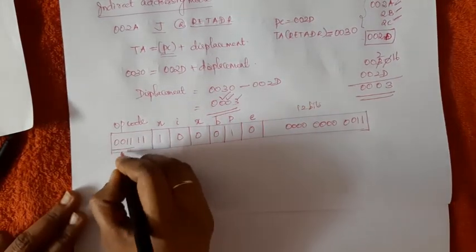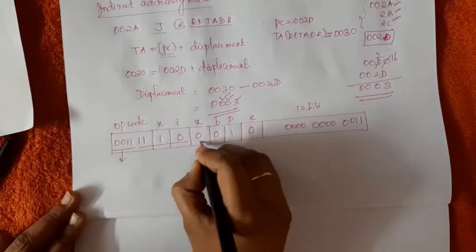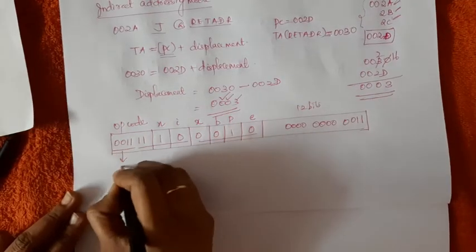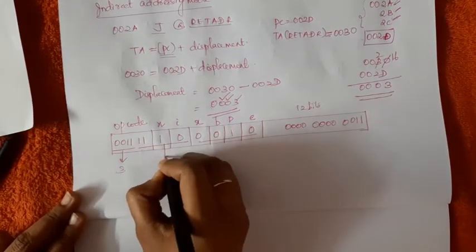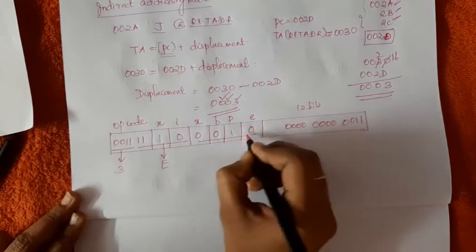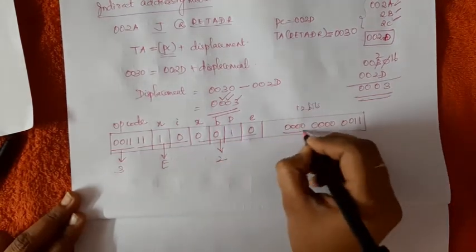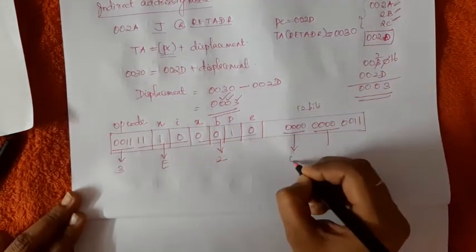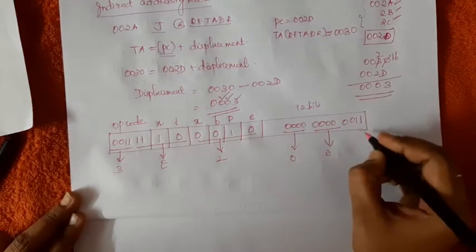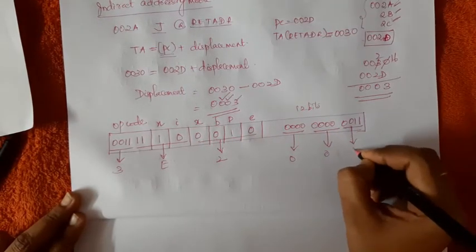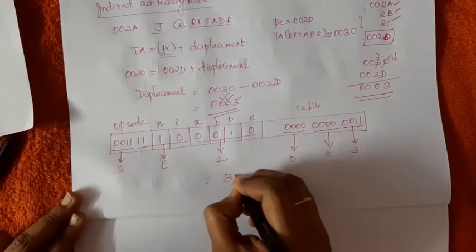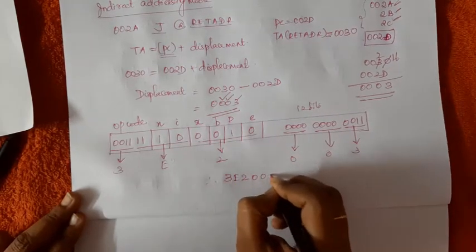Now we have to combine the bits in groups of 4. 0011 would be 3, 1110 is E, 0010 is 2, and then 0, 0 and 3. Now the object code would be 3E2003.